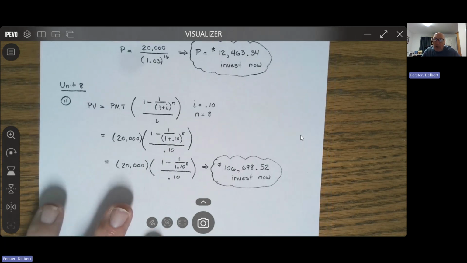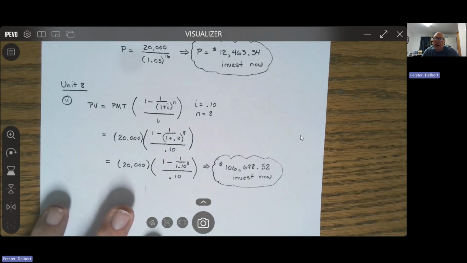Again, play carefully with your calculator as you run through these things, and you will find that if he wants to set up that annuity that would allow him to pull out $20,000 each year for 8 years, he would have to invest today $106,698.52. That is the present value for that annuity that would span 8 years and allow him to pull out $20,000 for each of those 8 years.